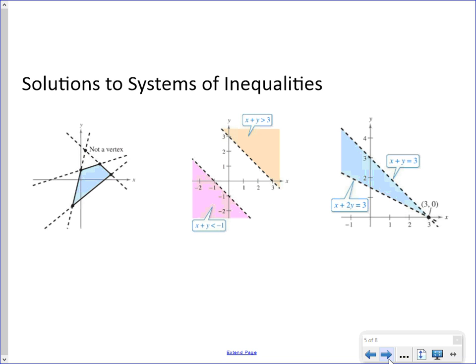In the middle graph, we have 2 lines. This is the line x plus y equals -1, and this pink area is all the stuff that's x plus y less than -1. Then I have another line, x plus y equals 3, and the yellow shading is everything that's x plus y greater than 3. Notice that each individual inequality has a set of solutions, but when graphed on the same line, they have no overlap.